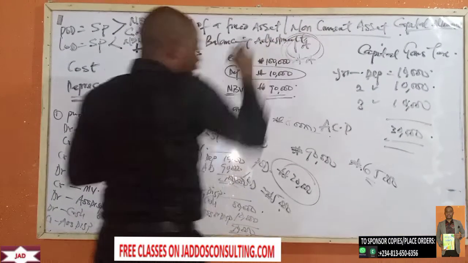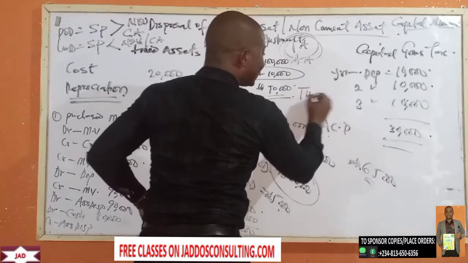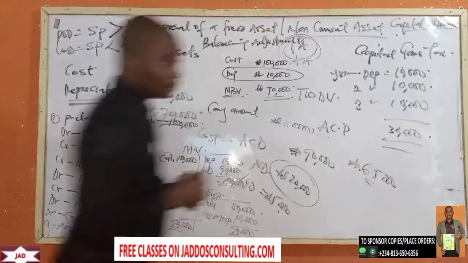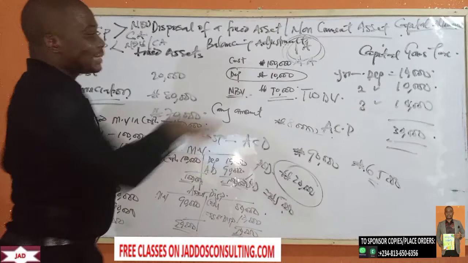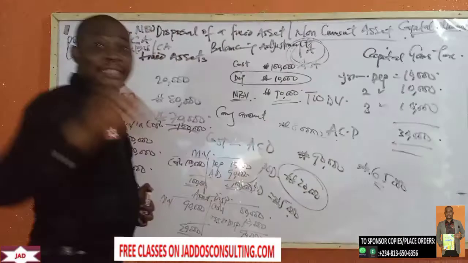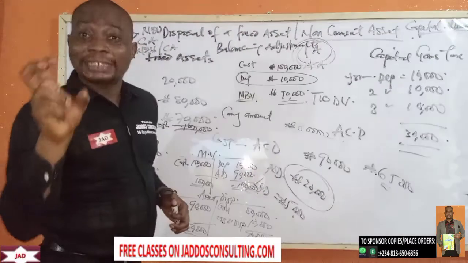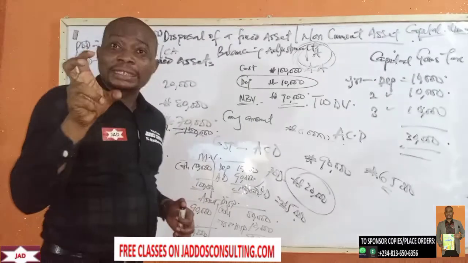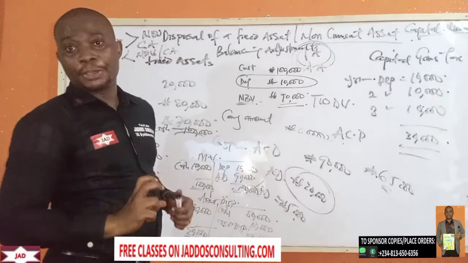But before that you must understand what they call tax written down value. Tax written down value is the value of the asset after deducting the allowances for a particular period.